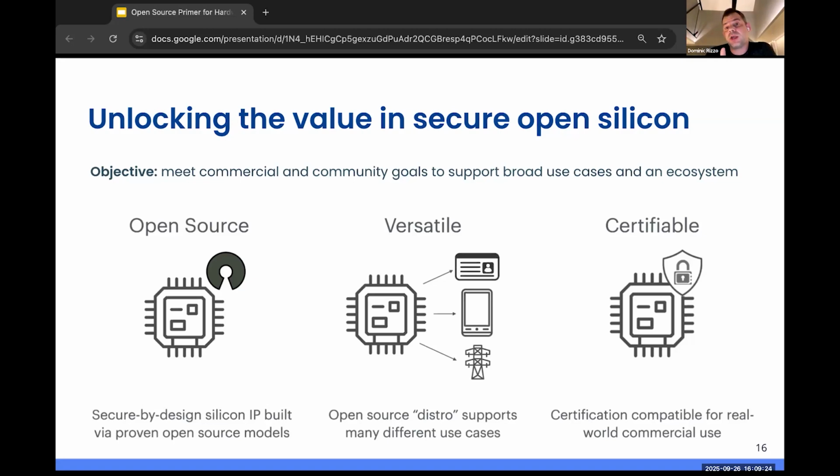Not everyone is going to care about certification, but it is to encourage broad commercial adoption. And I think to meet the goals of the Global Platform Organization, it is very important to align open hardware with certification compatibility. Like I said, it doesn't mean everything has to be certifiable or certified, but things should not preclude certification because that does matter in certain organizations.